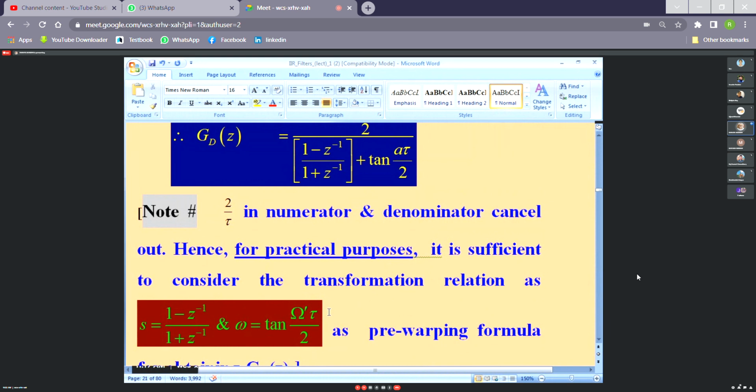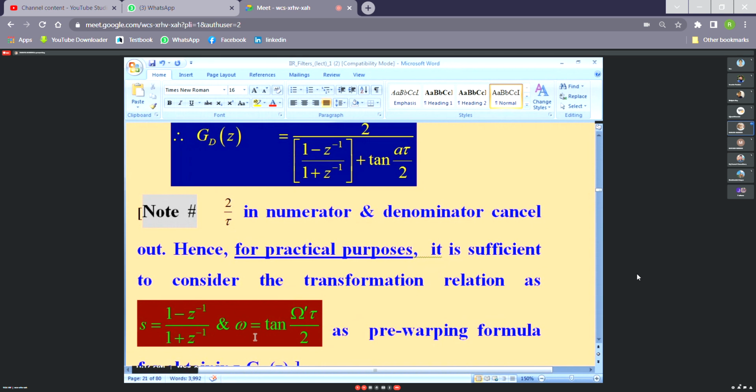If that be the case, because we have seen that it's not necessary to use 2 by tau in these relations, therefore, for frequency pre-warping, the relation that should be used is tan of capital omega prime, which includes tau inside it. All right. And here also 2 by tau is not required.